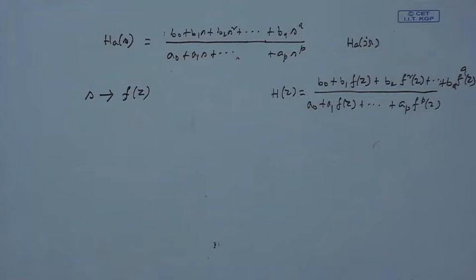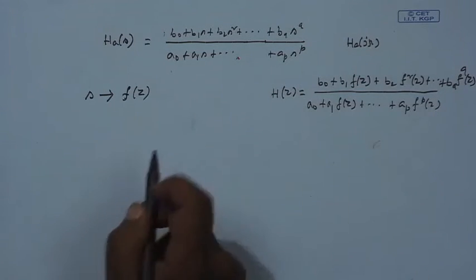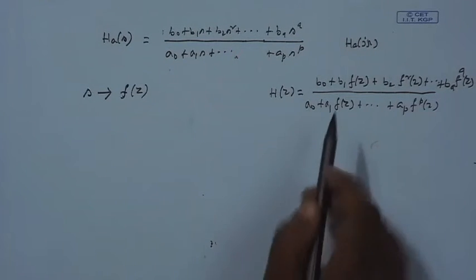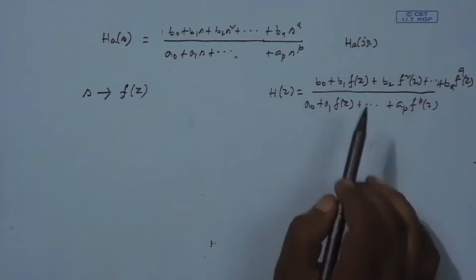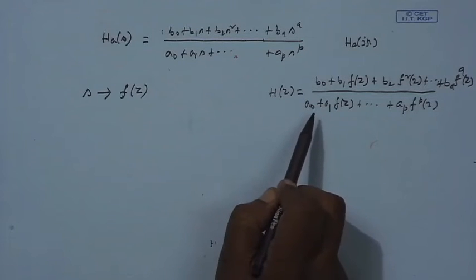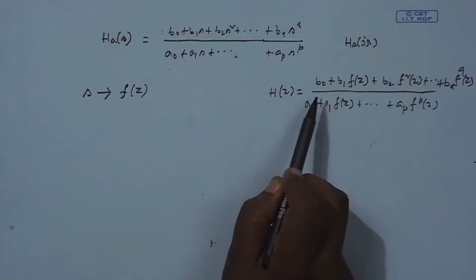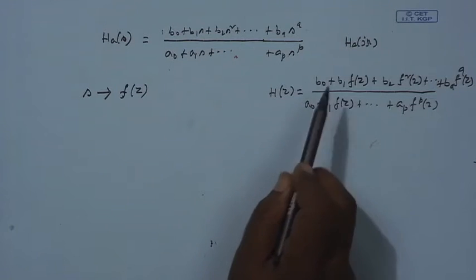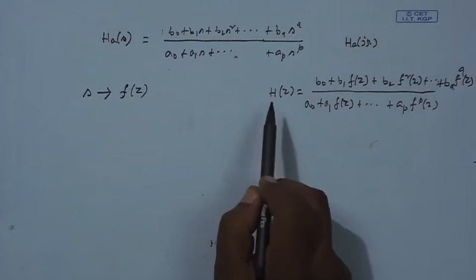This is what you get. So basically you get a function of z. I want this also to be a rational function, in terms of z inverse in fact.